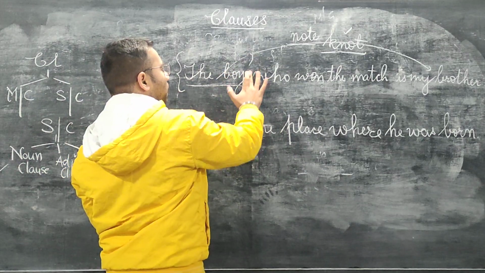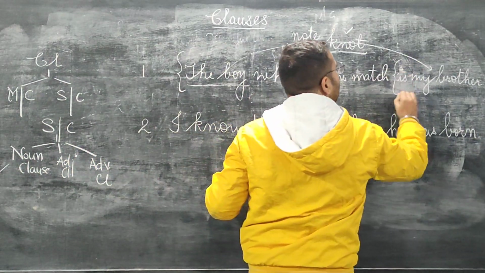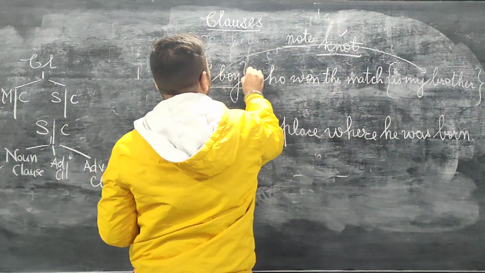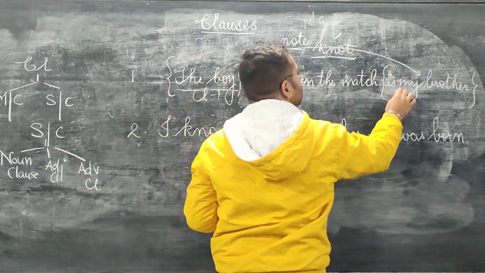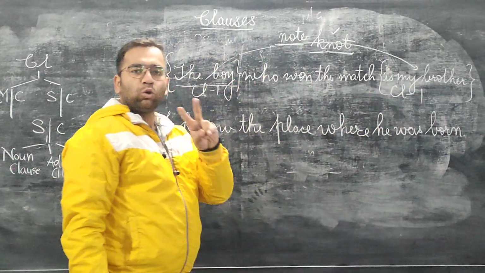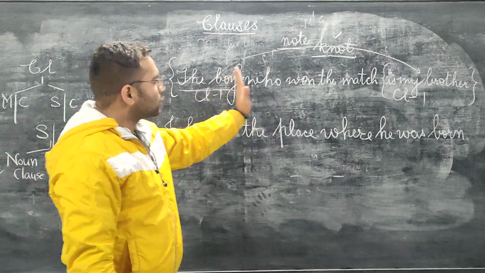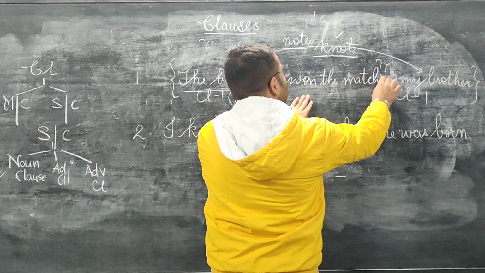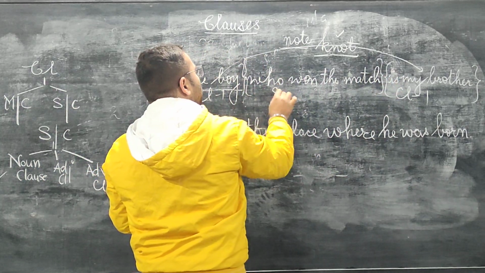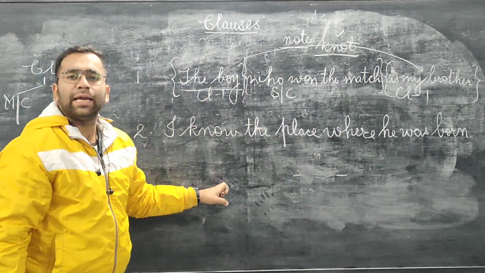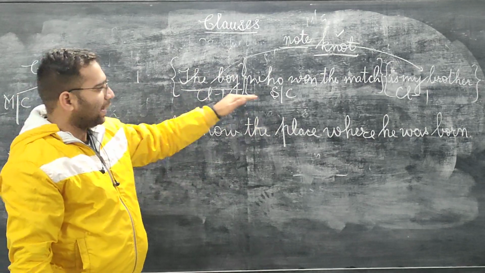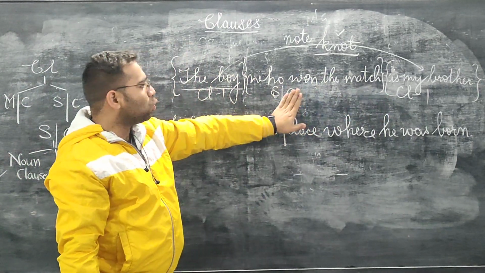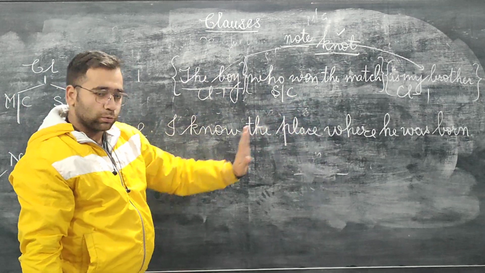It means your first part, the boy and is my brother, this time your clause one is broken into two parts. Understood? This together is your main clause. This is your subordinating clause. The boy is my brother is your main clause. Who won the match is your subordinating clause.